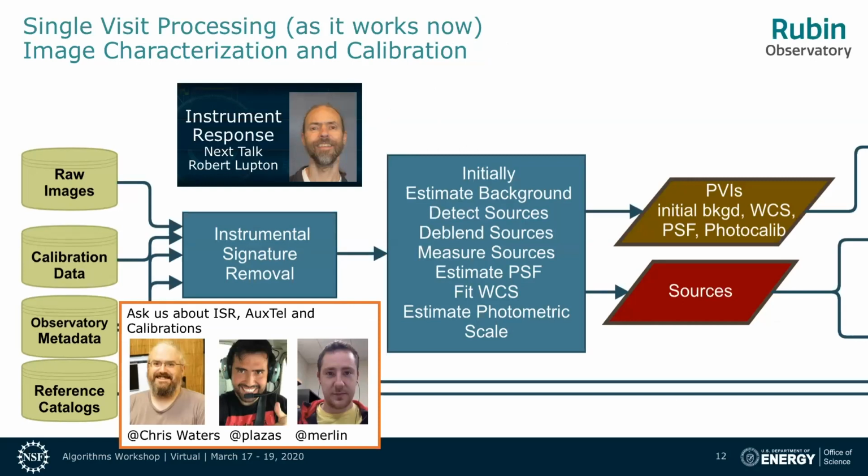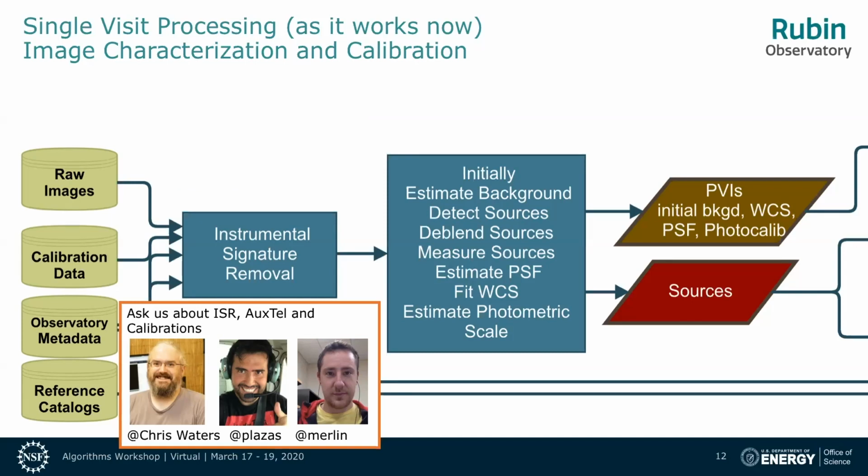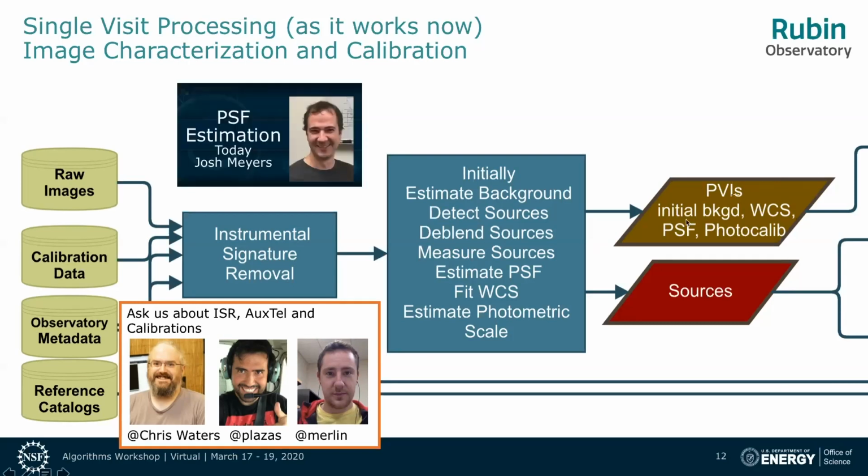So this includes detecting, deblending, measuring sources, estimating a preliminary background, a preliminary PSF, a preliminary WCS, and photometric calibration. The outputs of these are processed visit images, which we affectionately call calexps sometimes, the preliminary version of all of these characterizations, and sources.